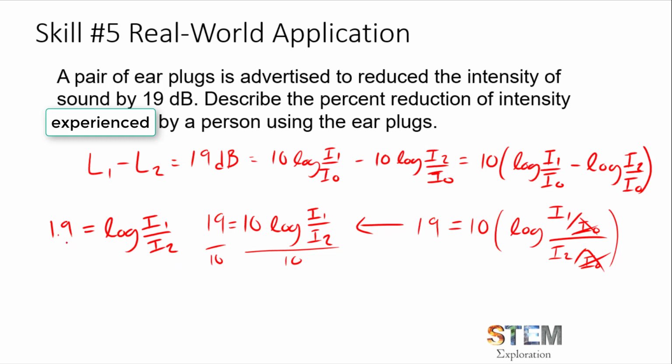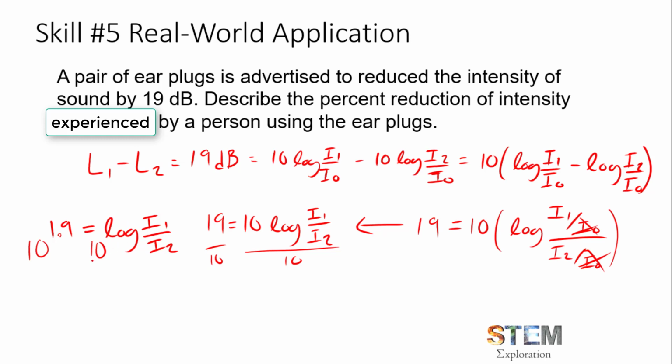And remember from the pH video that when you have a log here, and it's log base 10, and let's say I just want to find the ratio, because if I find the ratio, I can find the difference in intensities, what I can do is take 10 to the 1.9th power and go 10 to the power of log of these ratios.